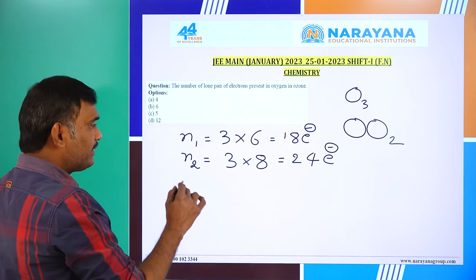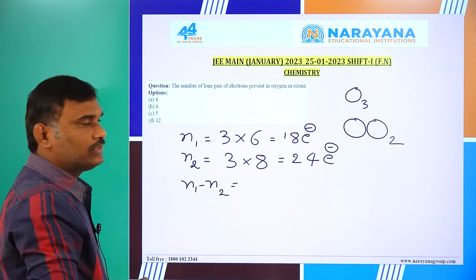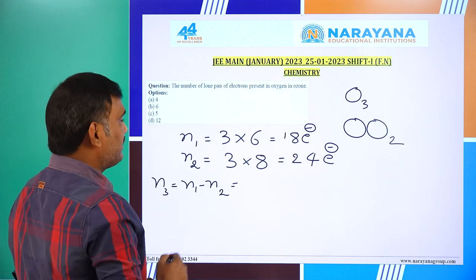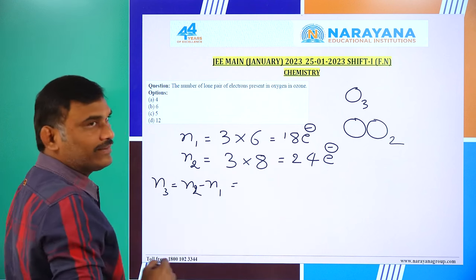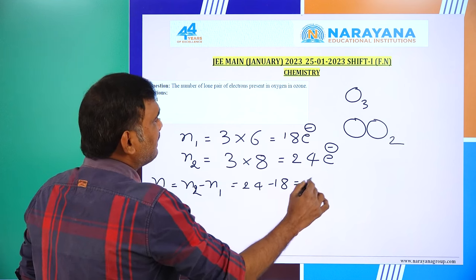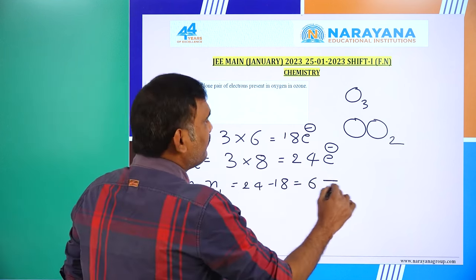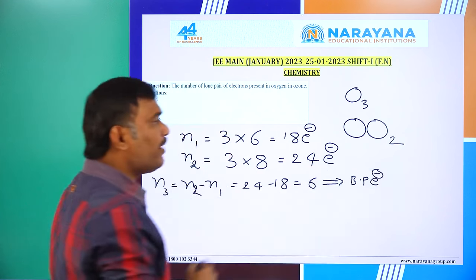Now you take N2 minus N1, that is N3. N2 minus N1 is 24 minus 18, that is 6. That N3 indicates the bond pair electrons. These are the bond pair electrons.